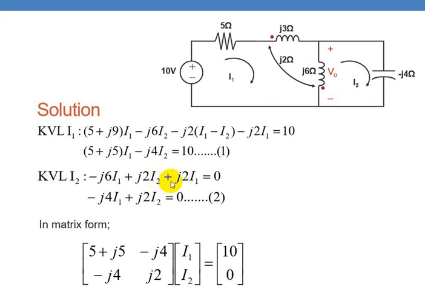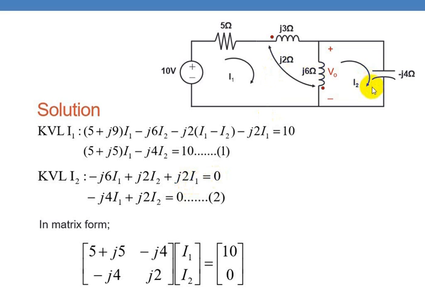Then the mutual inductance term. Since one coil is present, there will be a mutual inductance drop. That mutual inductance reactance is J2 into the current in the neighboring coil, which is I1. So right here J2 into I1. So what about the current directions?